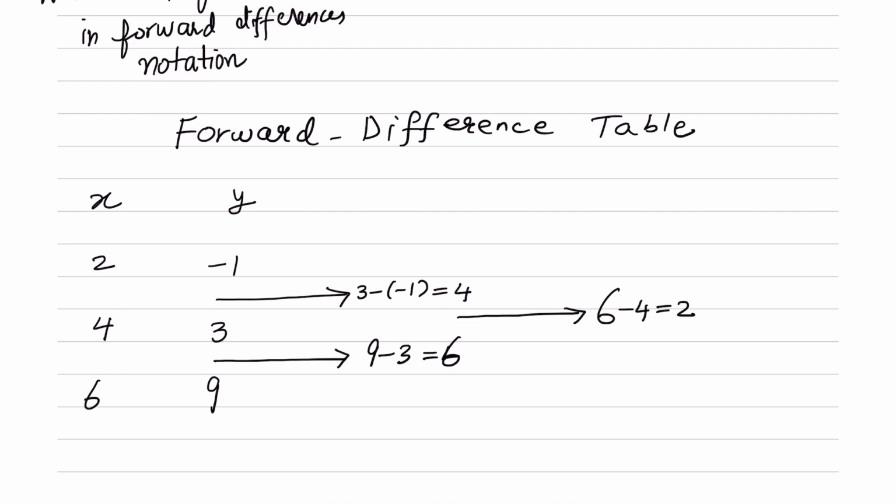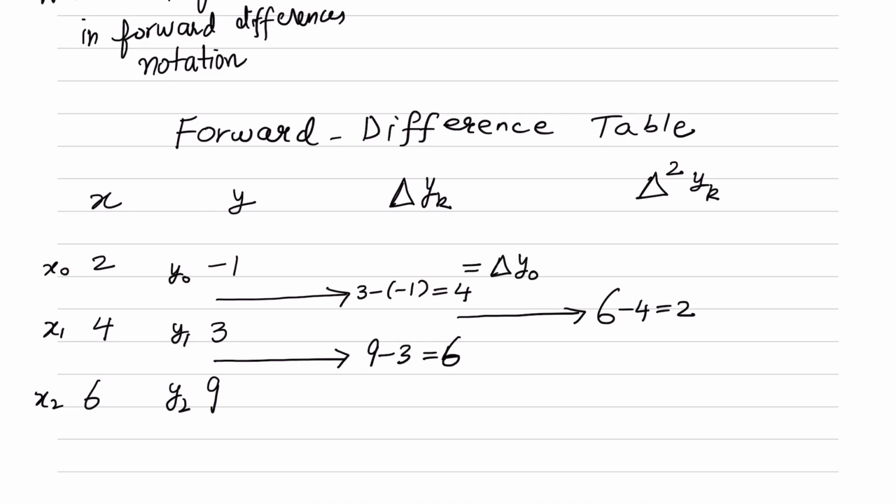We have calculated the differences, but let's name this data: x0, x1, x2, y0, y1, y2. The third column is named forward yk column and the fourth column is named forward square yk. We can write here 4 as forward y0.